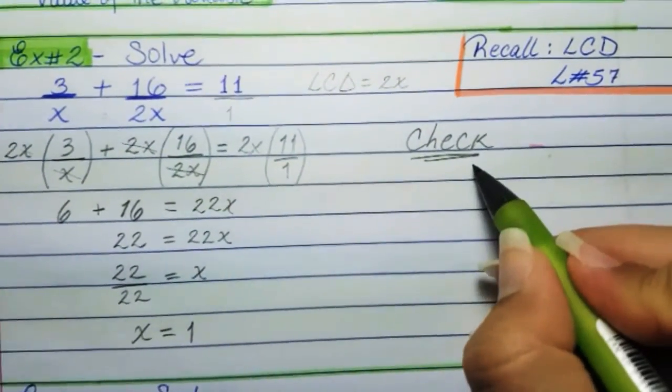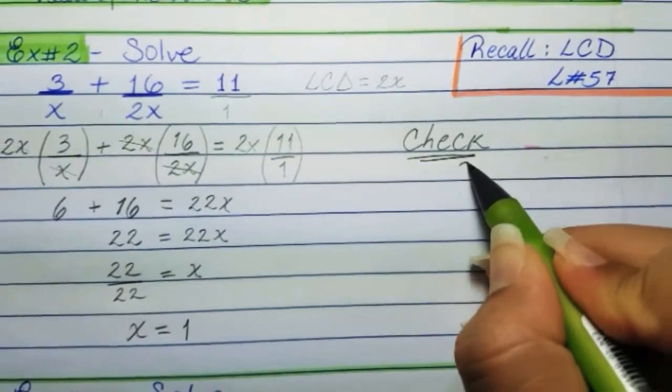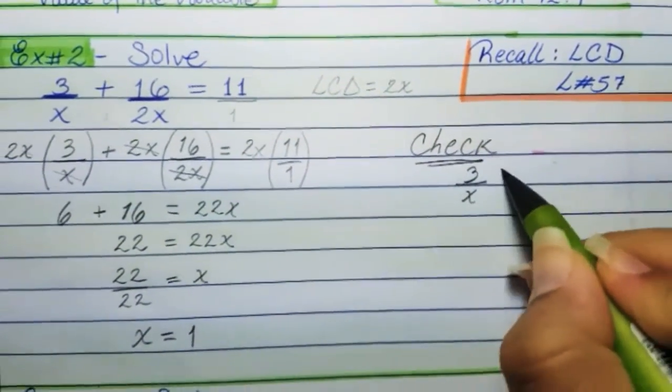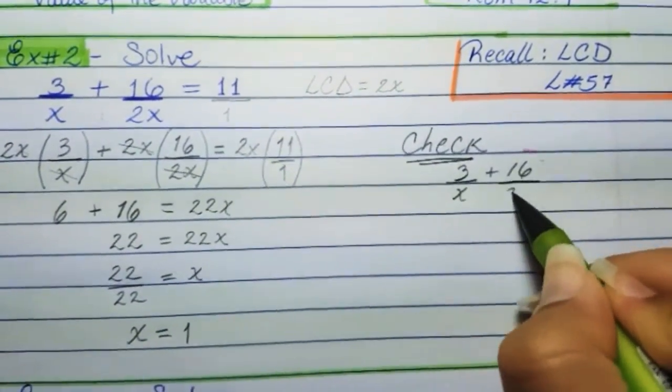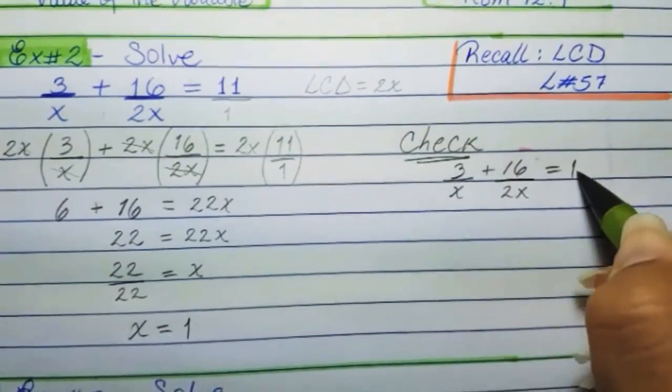I'm going to rewrite the original equation, 3 over x plus 16 over 2x equals 11.